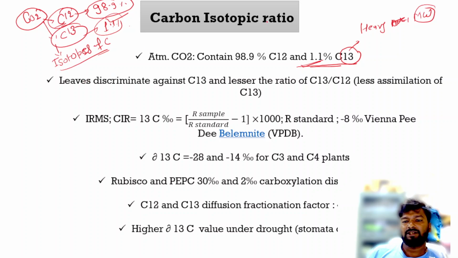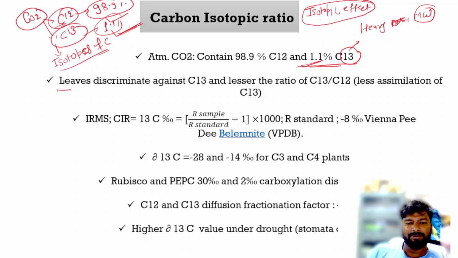Now this is known as the isotopic effect. Okay, so one is the isotopic effect, that these are present in very low concentrations.